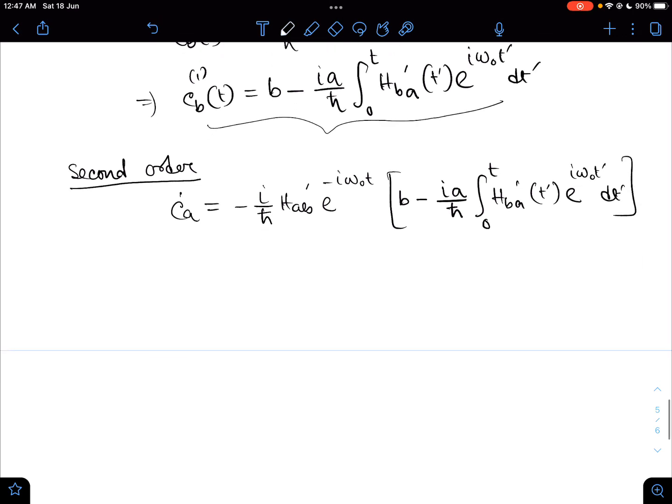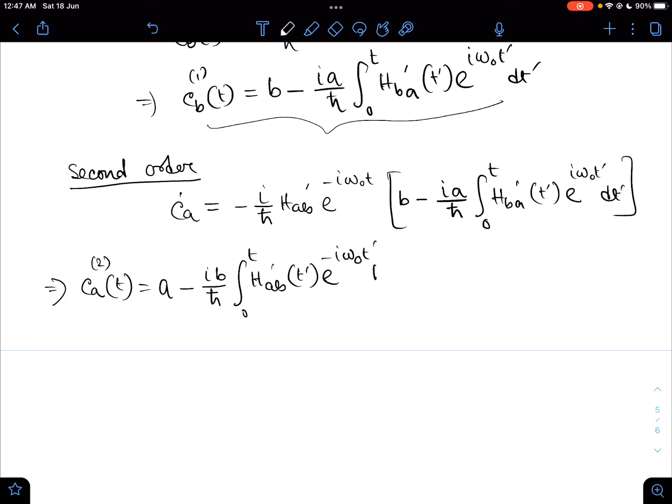From this we get CA at any time up to second order as A minus i B by h cut integral 0 to t HAB prime(t prime) e to the power minus i omega 0 t prime dt prime.